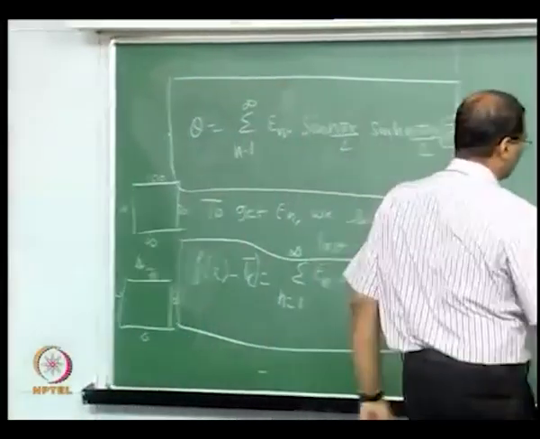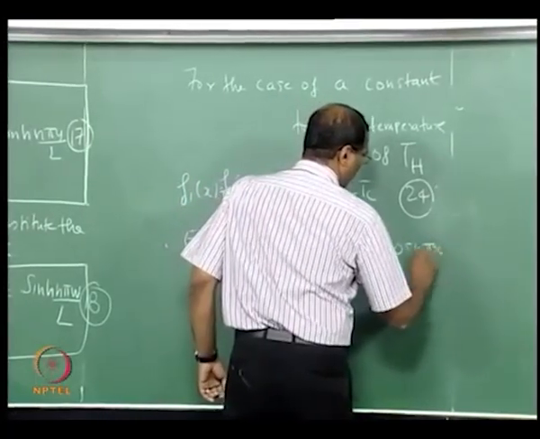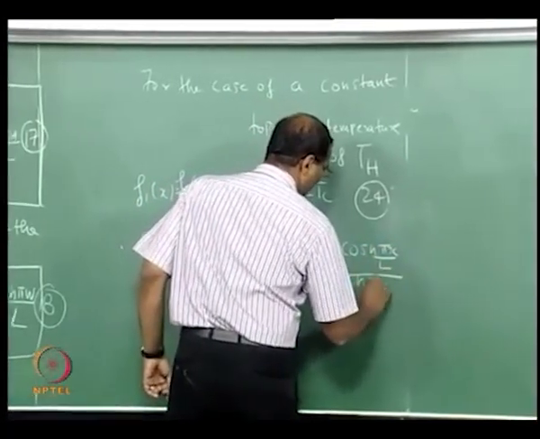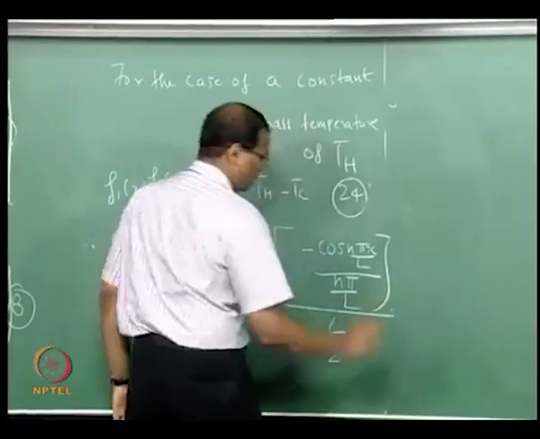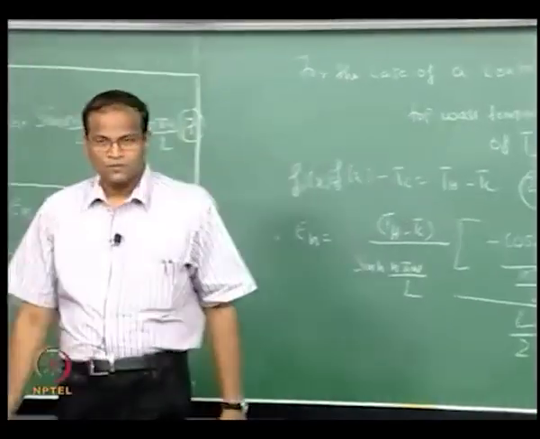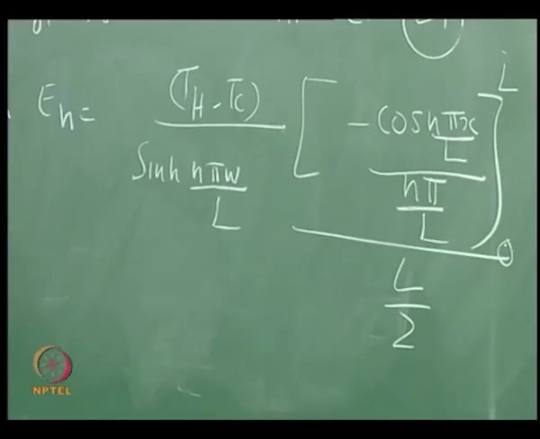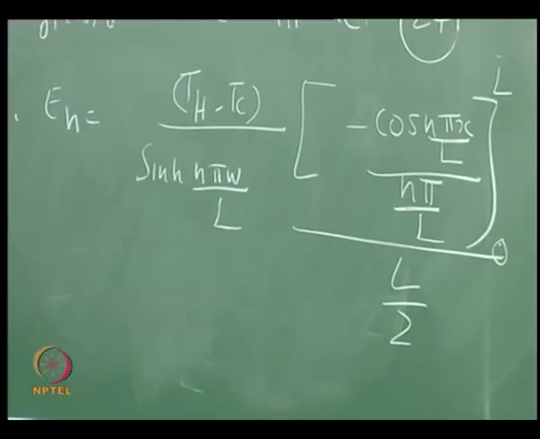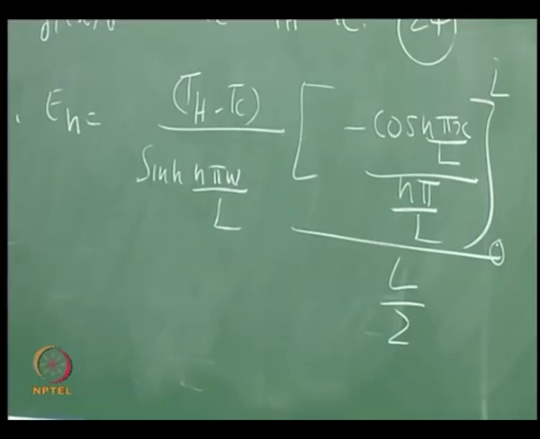Minus, so the lower limit is 1 for the numerator, correct?